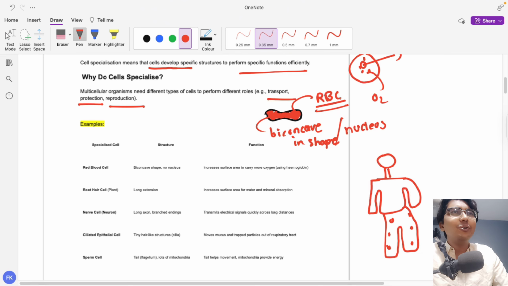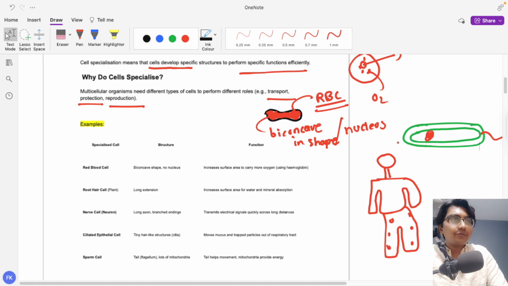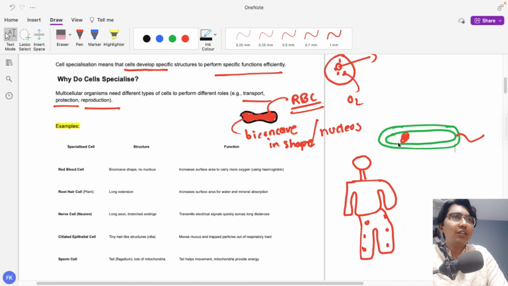For example, if you look at a bacterial cell, let's draw a bacterial cell. It is unicellular, as I have said before. Let's draw the DNA in this red color and the flagellum. Okay, look at this. In a unicellular organism, they transport over a very short distance, right?